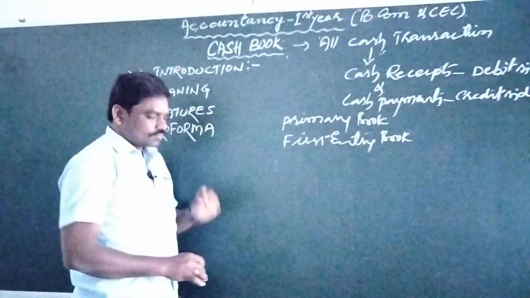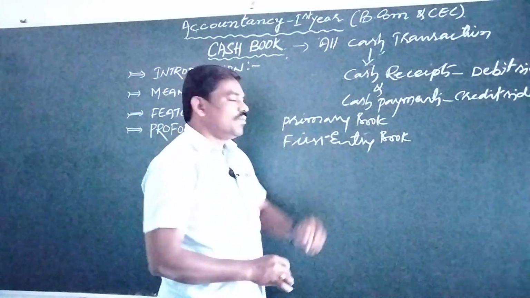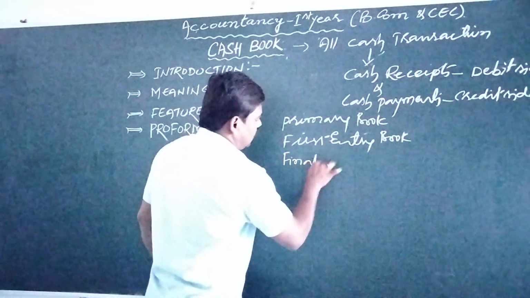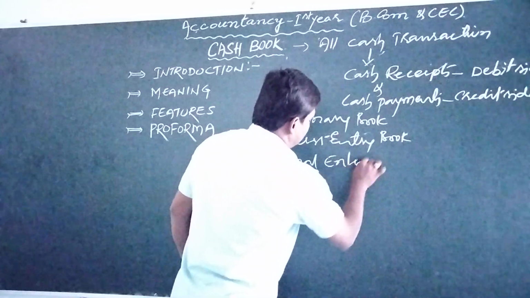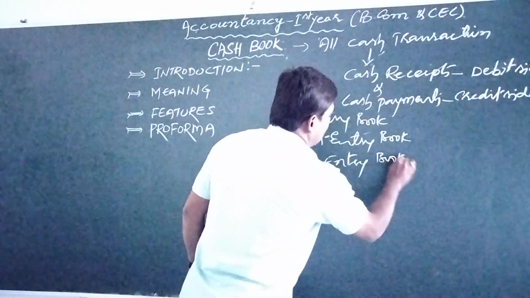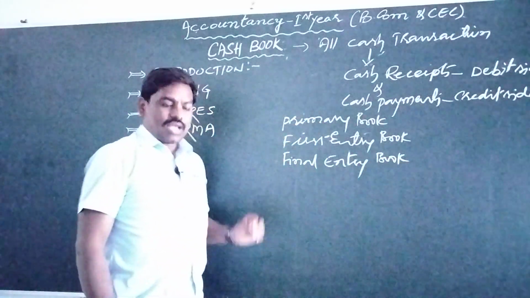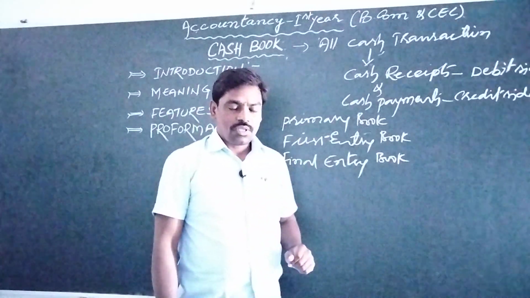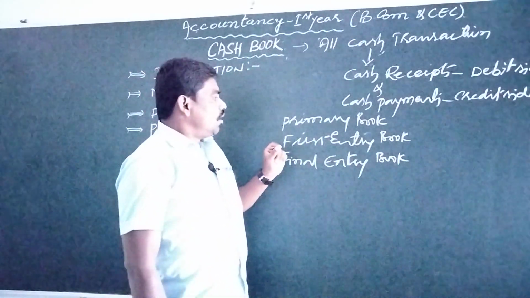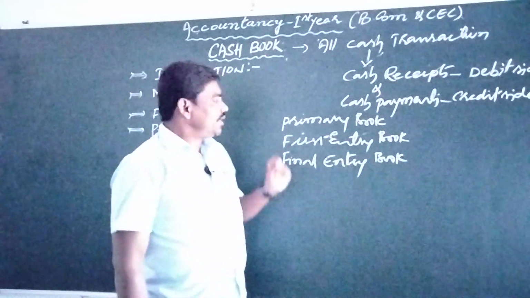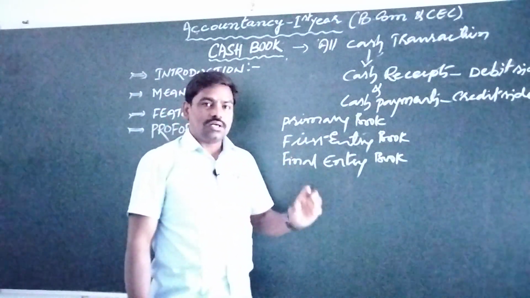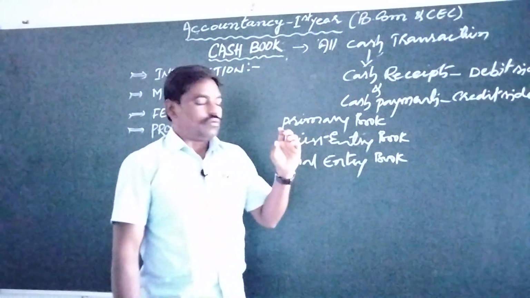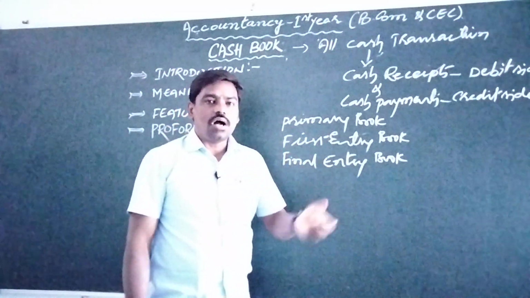And here one more thing, this cash book is also called final entry book. Why is cash book called final entry book? Because whatever transactions we record in the cash book are like a ledger account.